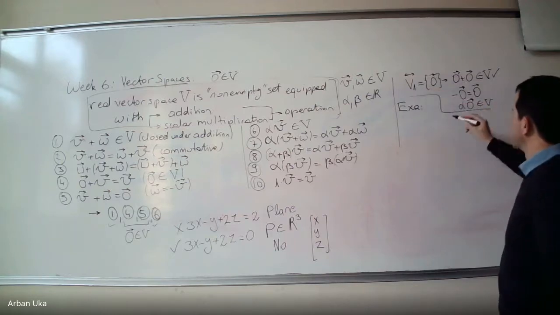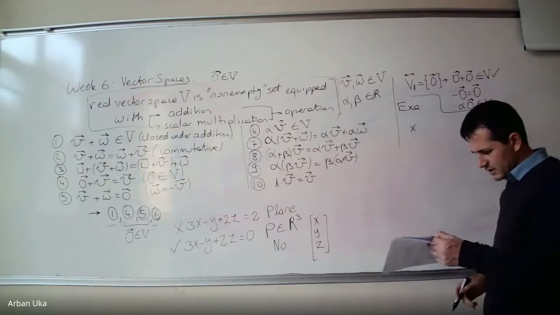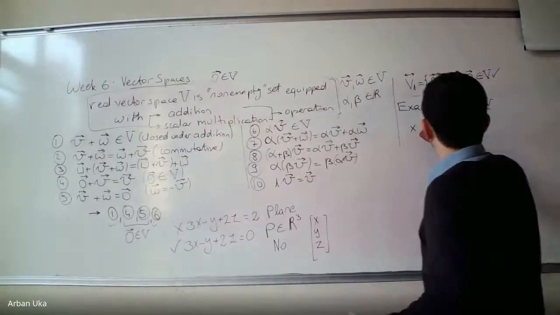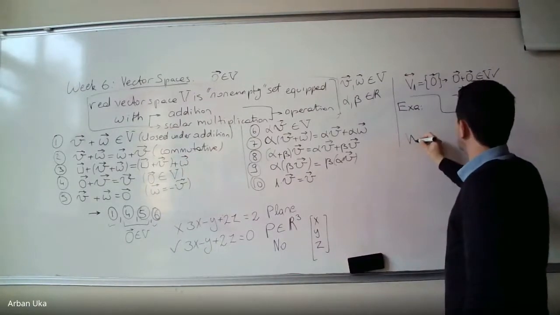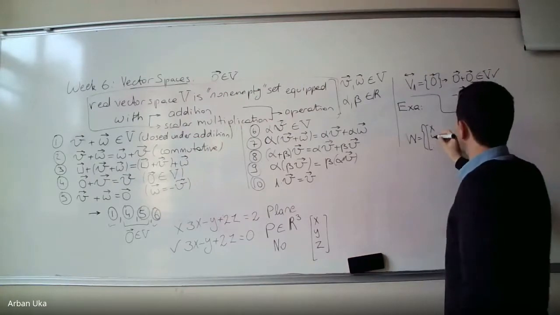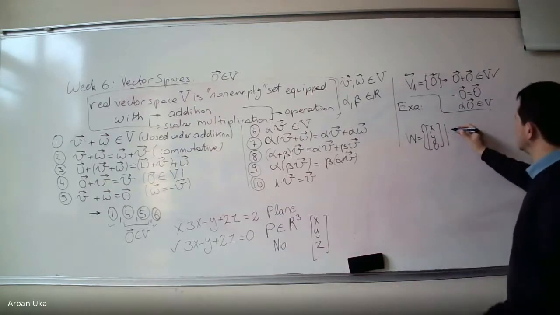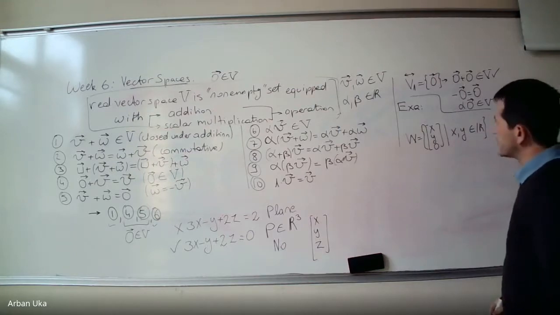Okay. Let's look for another vector space which can be defined like this. We can have a vector space W, which is equal to a triplet of numbers x, y, and 0, such that x and y are real numbers. Is this a vector space?